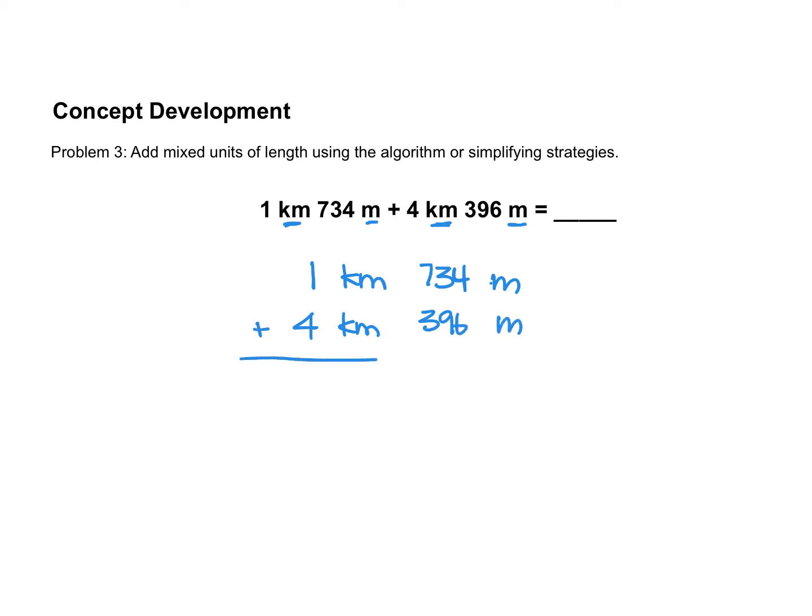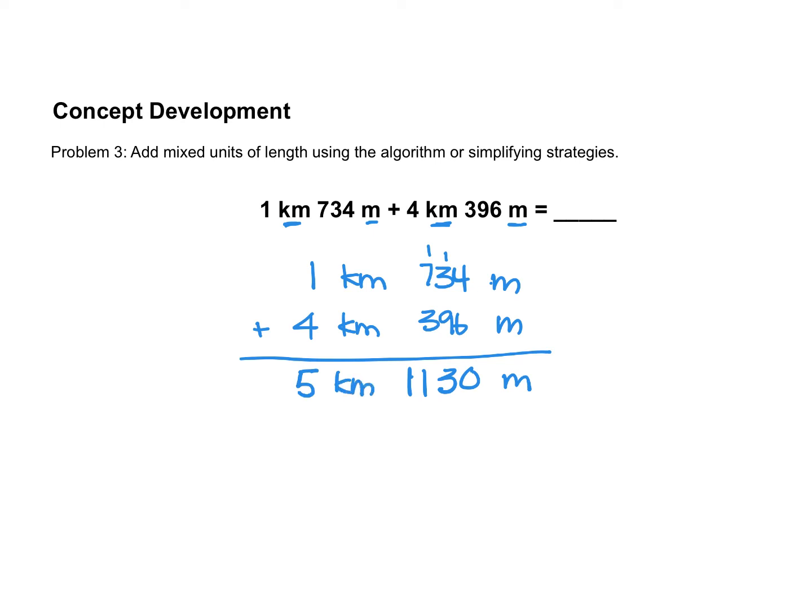If I just keep these as they are, I can go ahead and add them. I've got 4 plus 6 ones, and then 1 and 3 is 4, and 9 is 13. I've got 1,130 meters, and I have 5 kilometers.